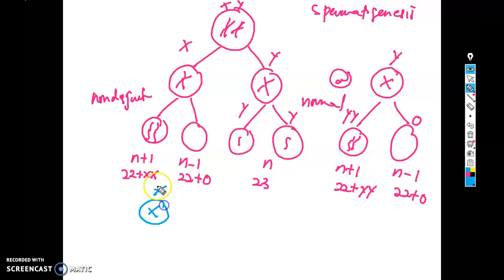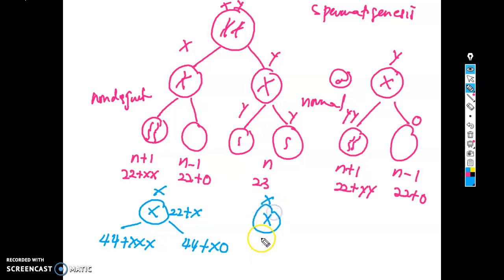This becomes an X chromosome, meaning they have 22 plus X. This will form 44 plus X. This one is 44 plus X. This one has no problem, so it will get fertilized with X. So they will get 44 plus X, 22 plus X.